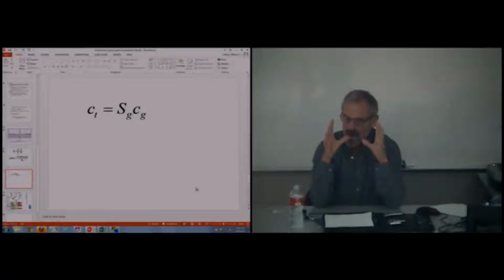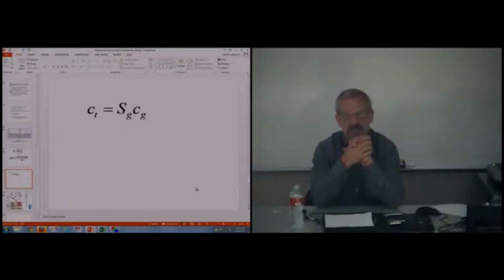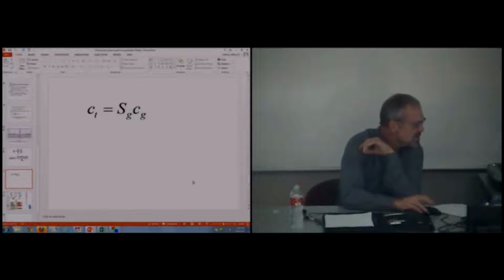But the total expression here would be SgCg plus SwCw plus Cf. And you don't have to write that down. The concept of you multiply the compressibility by the saturation is what we're carrying back to this approximation.